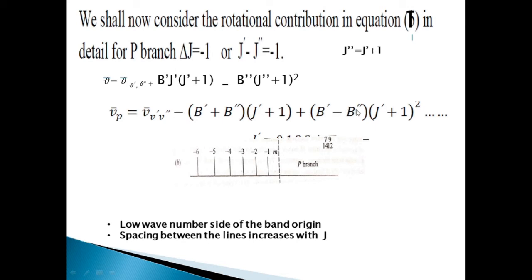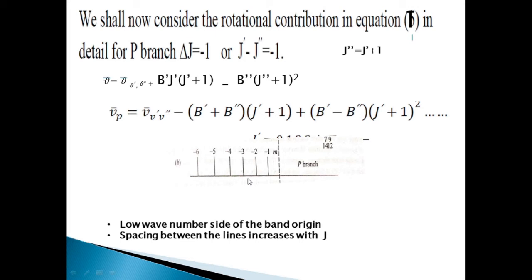B prime minus B double prime is negative. So band origin minus a value, then again minus a value. So the position of the P branches is on the left side of the band origin, that means at lower wave number of the band origin.